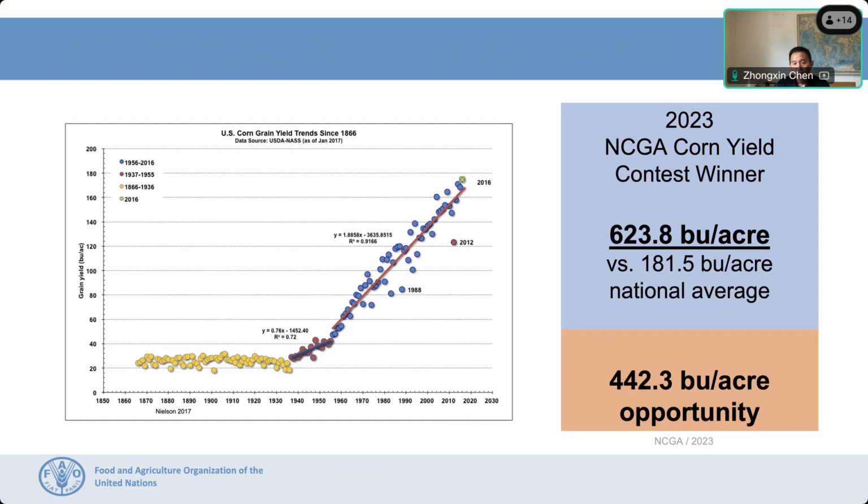And also, I have this slide to show you. I use the data from the US, but we see the same trend if you use data from other countries. This one shows the yield for maize. Before 1930, the yield was quite stable, low and stable.